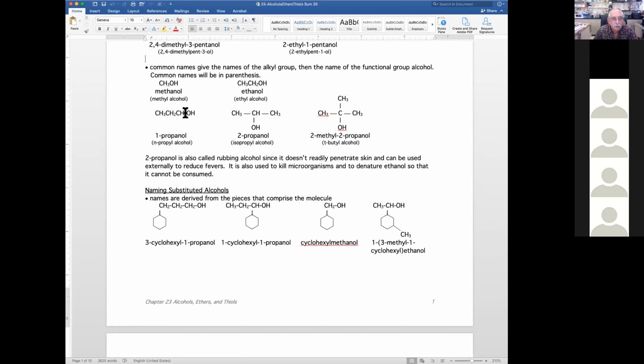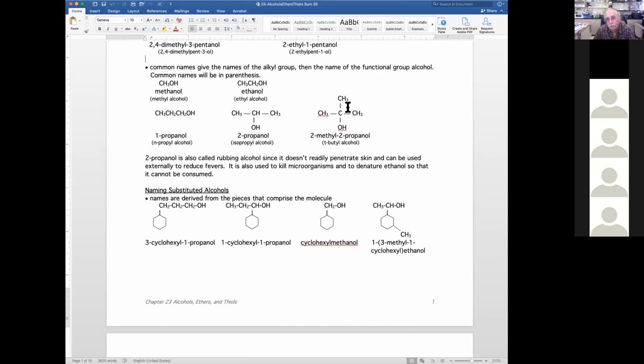So here is 1 propanol, but it would be propyl alcohol. More precisely, they probably would put n-propyl to tell you that this is different from isopropyl. And this would be 2-propanol, but this would also be the isopropyl group, so isopropyl alcohol.